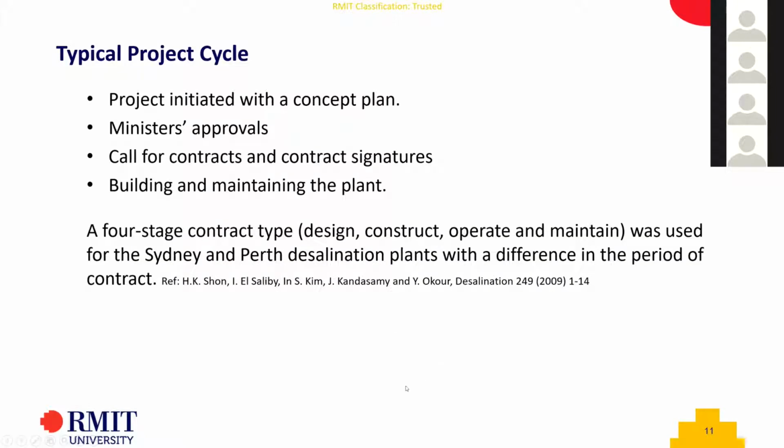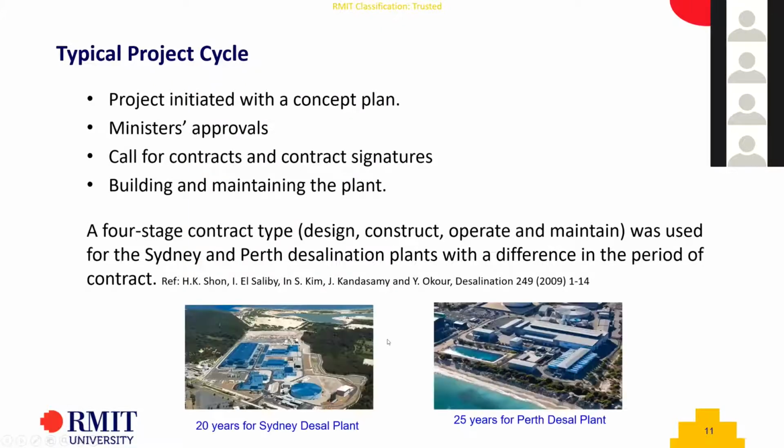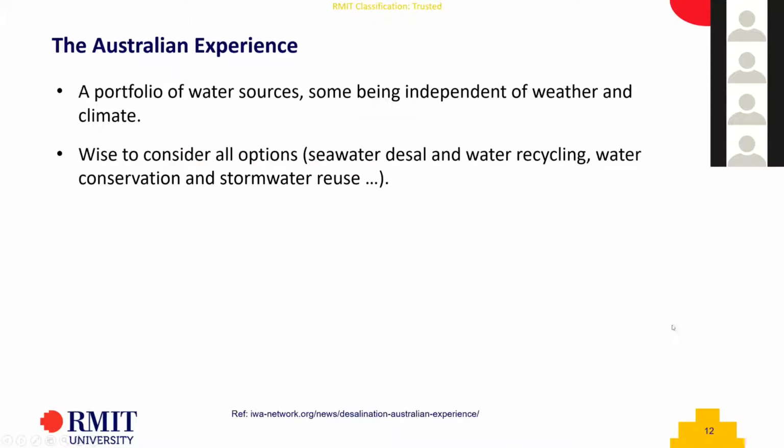This is usually a 4-stage contract type: design, contract, operate, and maintain. With different projects, the contract years will be different. For example, for the Sydney desalination plant, it was 20 years with the Veolia group. And for the Perth desalination plant, it's 25 years with the Suez Degremont group.